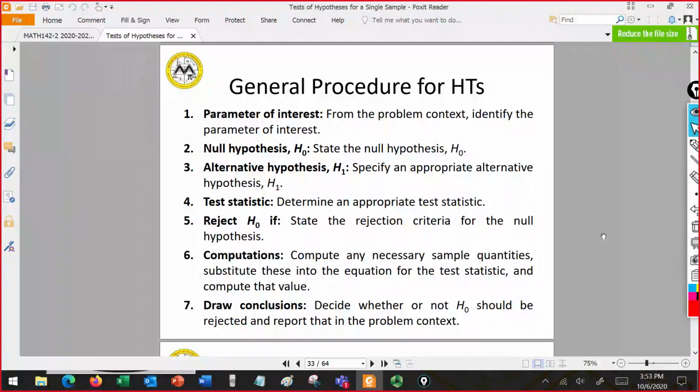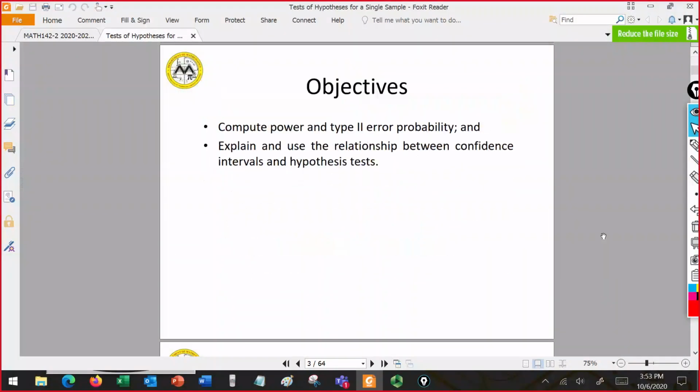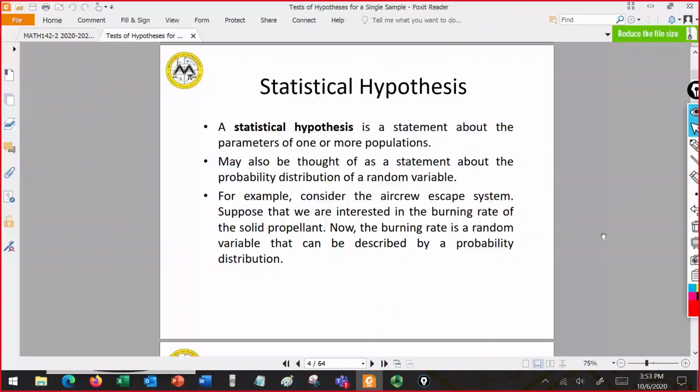Now, before we proceed, balikan lang natin yung mga binanggit ni Mr. Montgomery in his video. Of course, the definition of a statistical hypothesis, it's a statement about the parameters of one or more populations.